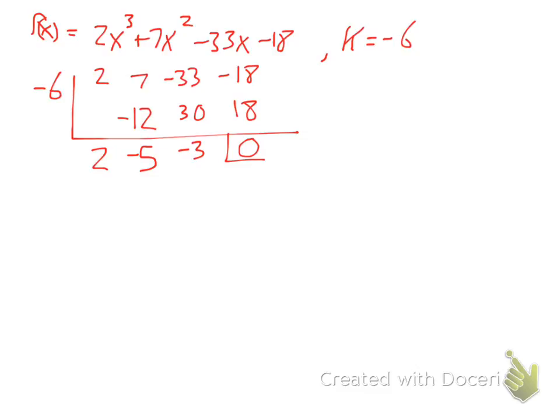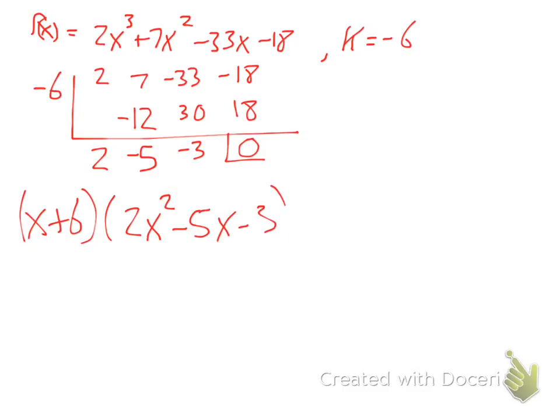Now, this particular quadratic, remember, we have x plus 6 now this time, right? Times 2x squared minus 5x minus 3. Because that's the resulting polynomial from our numbers here. Remember, x plus 6 comes from the fact that it would be x equals negative 6.